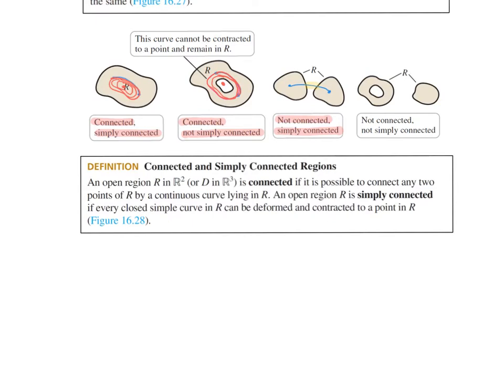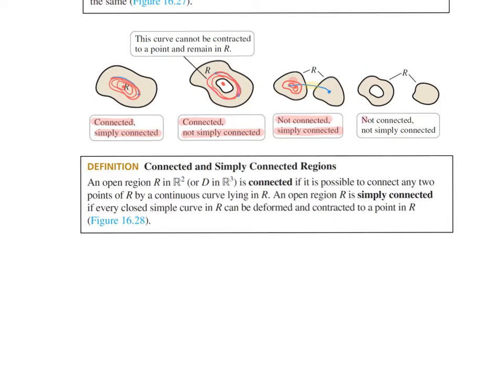So this is not connected because not all points can be connected by a curve where the curve is still in the region, but it is simply connected. If I think of any simple closed curve in our region, I can collapse it down to a single point where that point is still in the region.